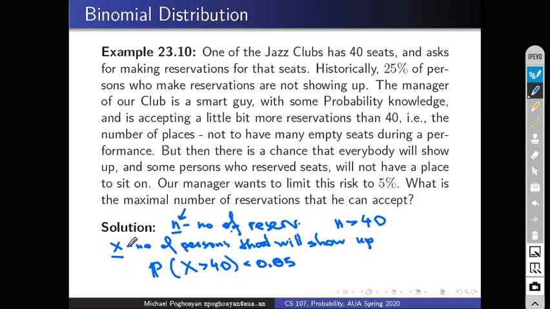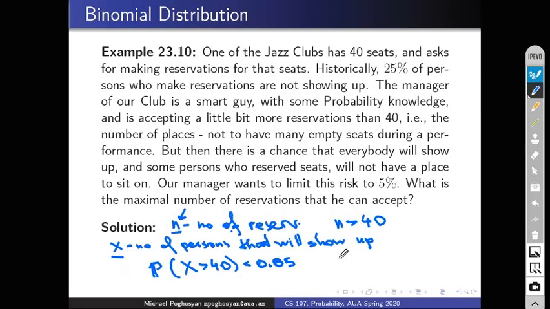So if we have independence, we have n reservations, n persons with reservations, so n trials, and each person can show up with probability 0.75 and will not show up with probability 0.25.